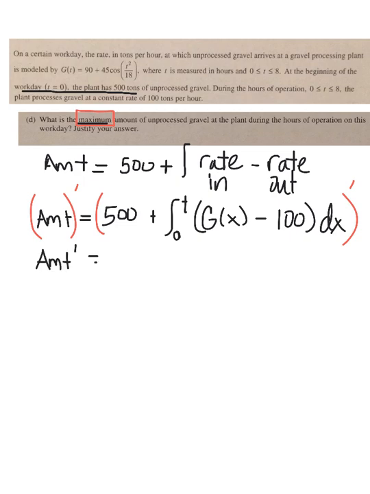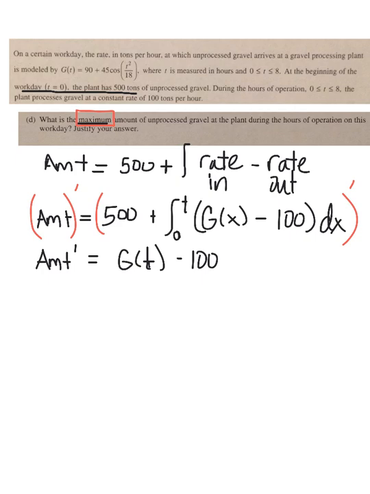Amount prime equals, well, if I take the derivative of 500, won't that be 0? So that disappears. And if I take the derivative of an integral, won't those cancel out? And then t just goes right in here. So then what I have is g of t minus 100.